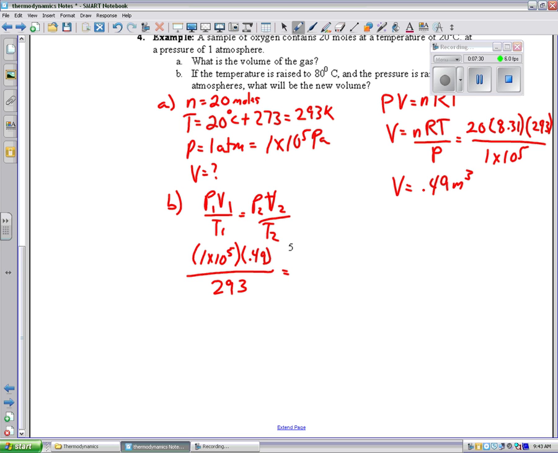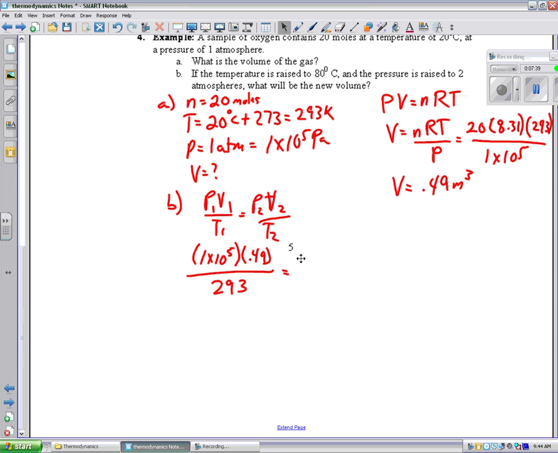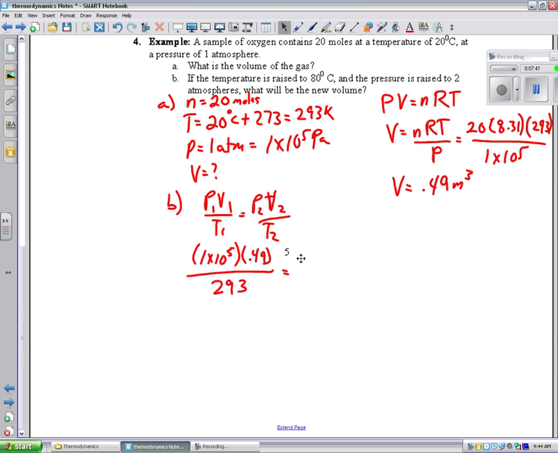Equals, now, the pressure is raised to 2 atmospheres, so it's going to be 2 times 10 to the 5th. We're looking for the new volume, divided by the second temperature, 80 Celsius, so over here I'm going to do 80 plus 273, and that's going to give me 353.